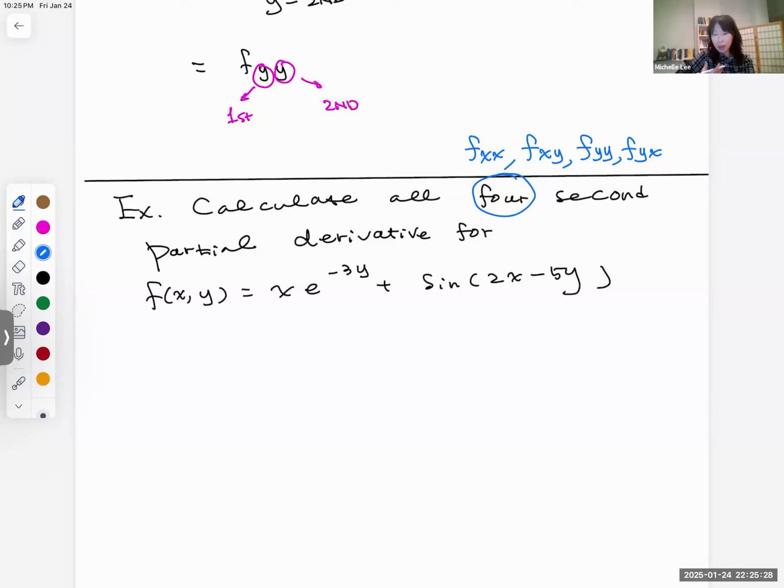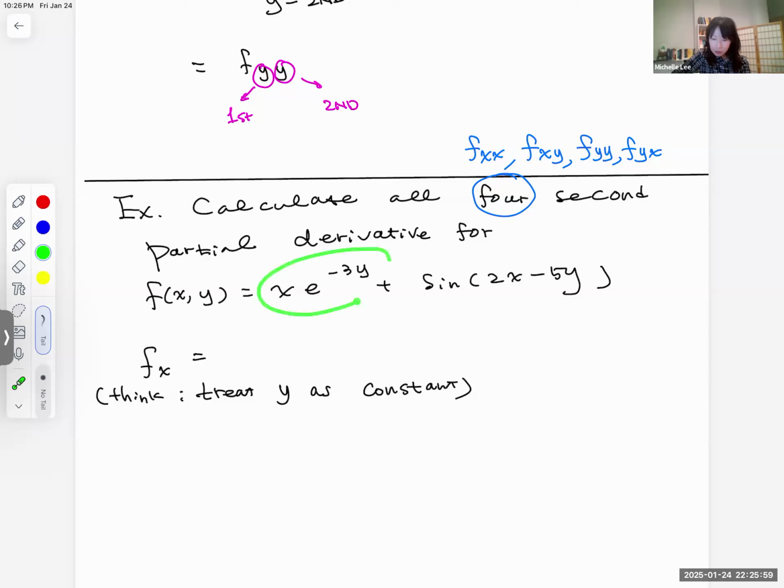In order to do that, we have to have the partial derivative with respect to x first. So treat y as a constant. We understand why, right?